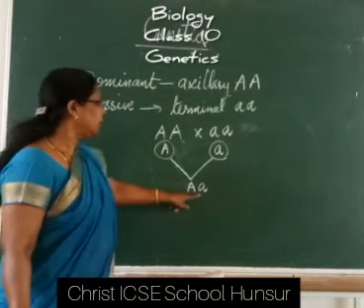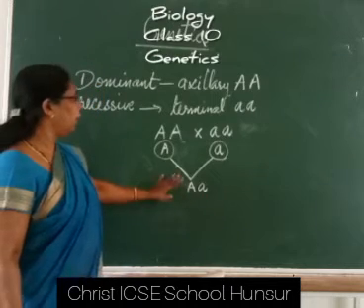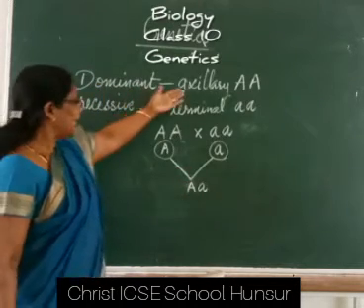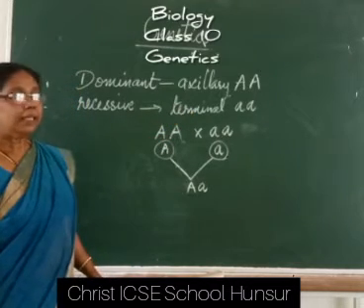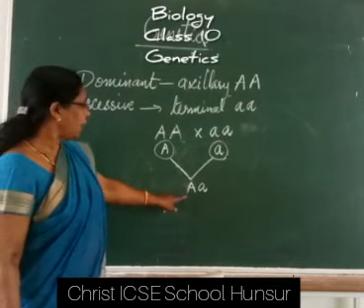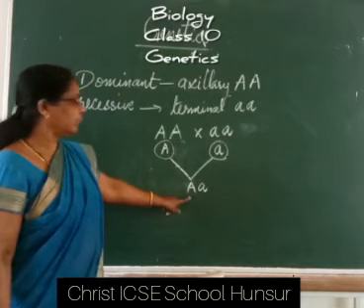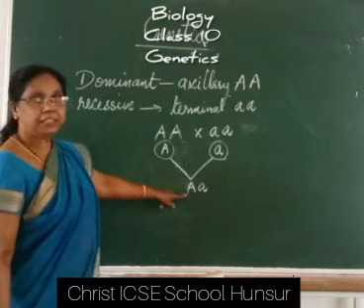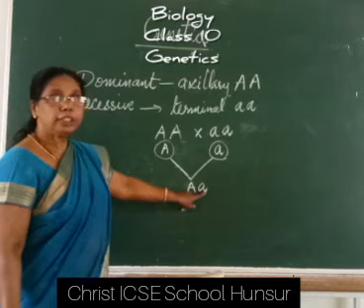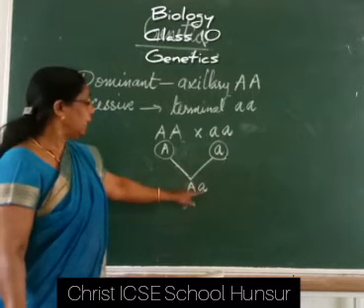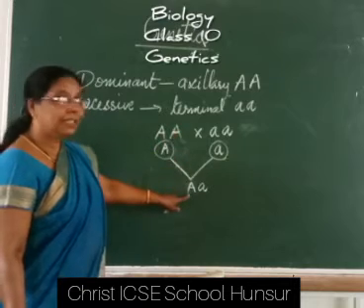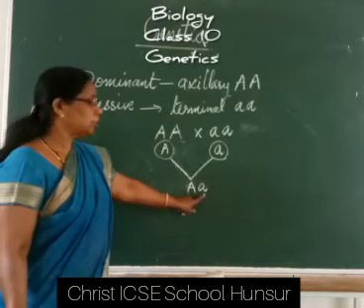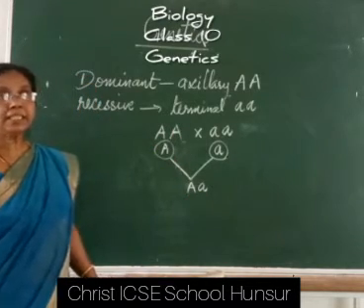Can you tell what is the nature of this flower, whether axillary or terminal? Yes, as one capital A is present, this is the dominant gene, whereas small a is the recessive gene.